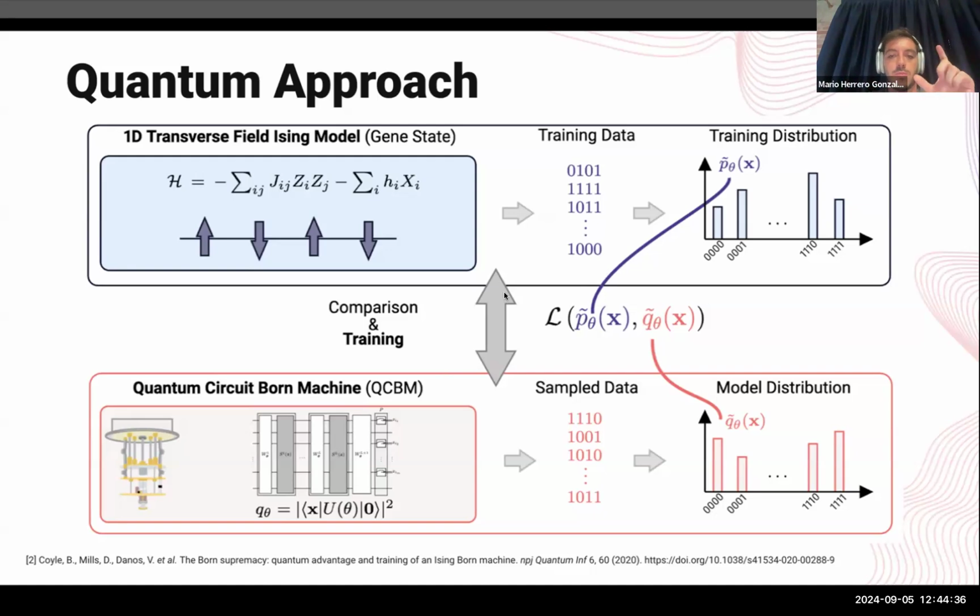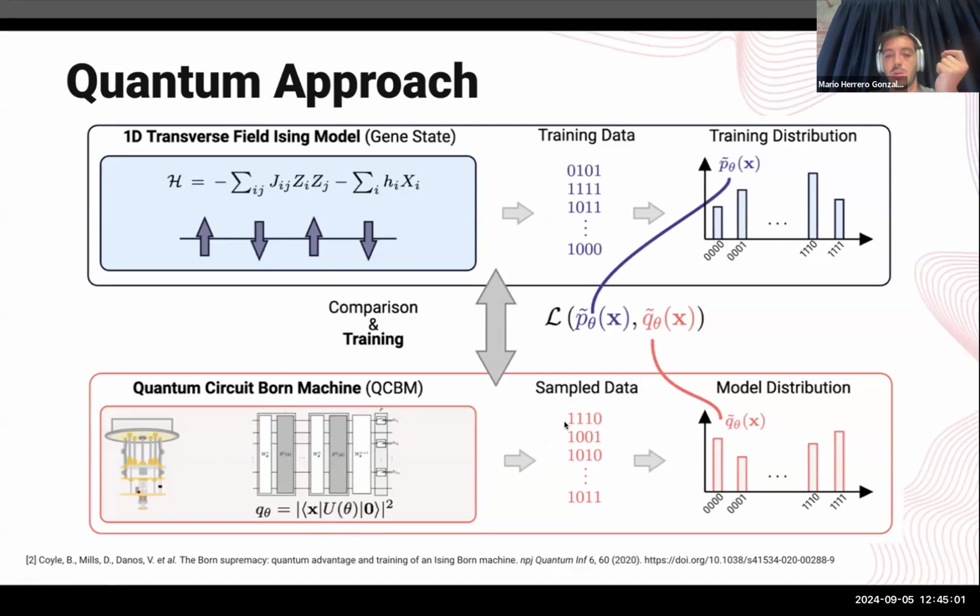And now we try to match it up with a distribution that we obtain with a quantum computer. This quantum algorithm will be based on a variational algorithm. This means that what we are going to do is vary some parameters that are encoded within the gates of our quantum computer to try and obtain sample data.